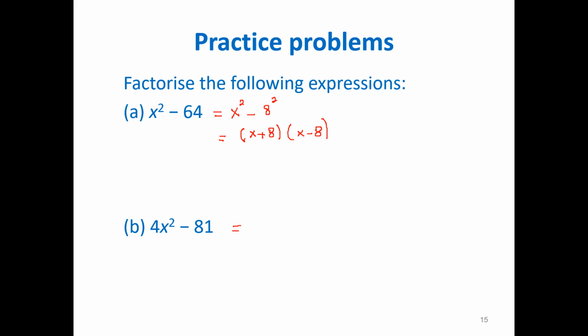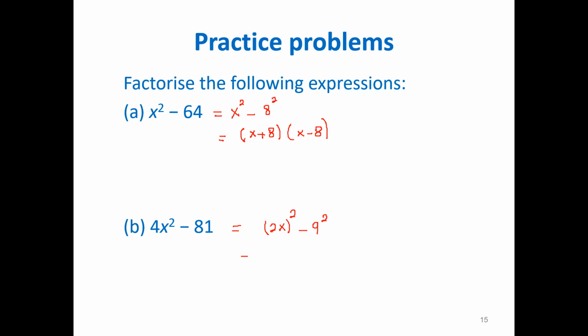question, well, we can write 4x squared as 2x in one bracket, because 2x, if you expand this bracket, 2x multiplied by 2x, you will get 4x squared. Minus 81 is 9 squared.